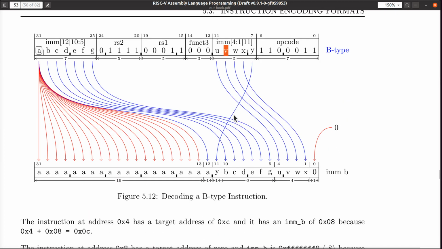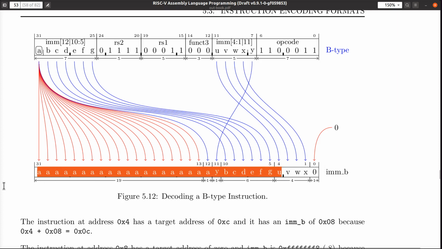Now, when this is extracted and shifted to where it belongs, the V bit here ends up right here. Well, remember this IMMB value has to end up having the value of 8, right? Well, if V is a 1 and every other bit that comprises all these other letters are all zeros, then that means this is a 0, 0, 1. That gives me my 8.